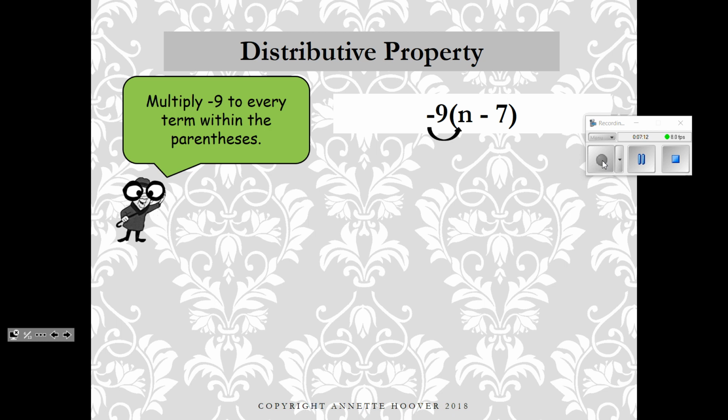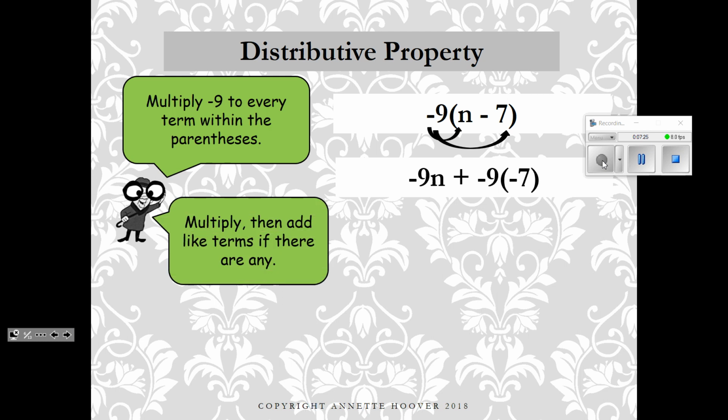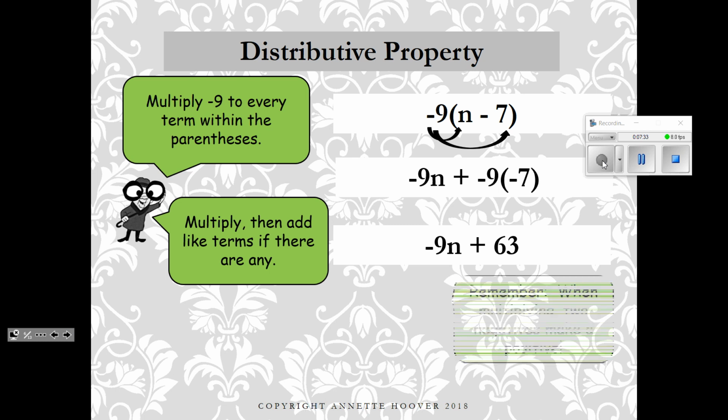We're multiplying two negatives, a negative 9 times the negative 7. When multiplying two negatives, it becomes a positive. So that would give us a negative 9n plus a positive 63. Again, these are not like terms, so that's as far as we can go, and that's your final answer.